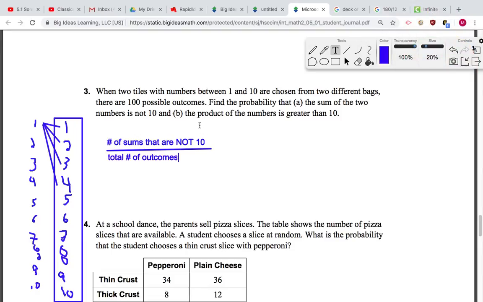And next, the product of the numbers is greater than 10. Using this framework, you would count, if I multiply these, how many of them come out greater than 10 in total, not just for one, but 2 times 1, 2 times 2. And again, over the total number of outcomes, which they've already given you, is 100.